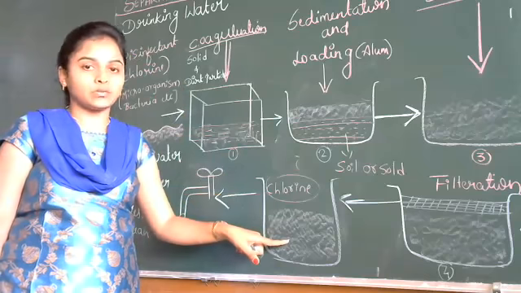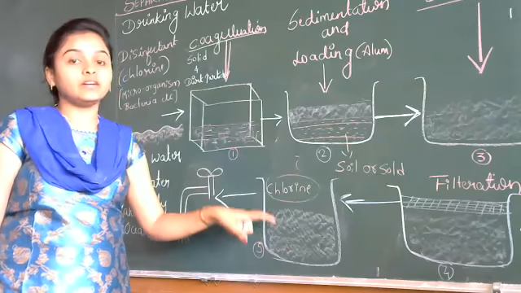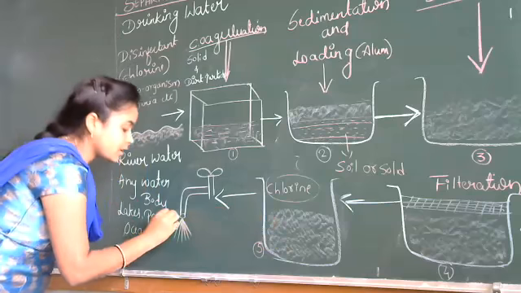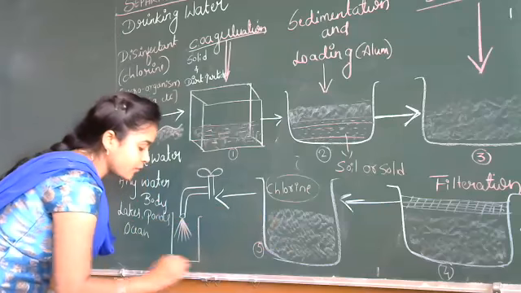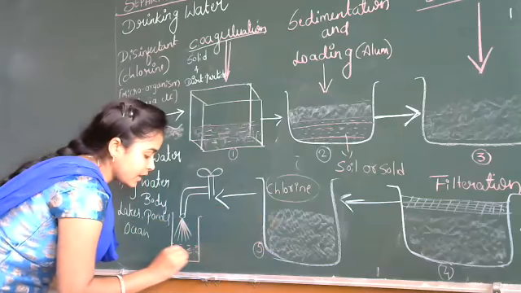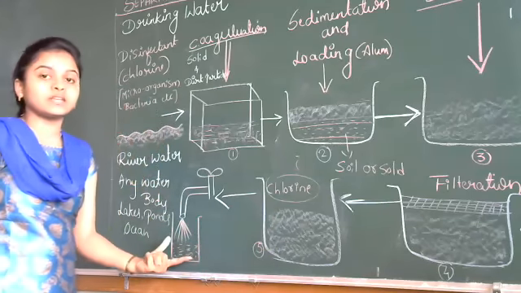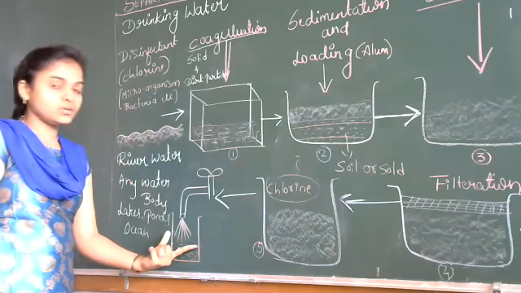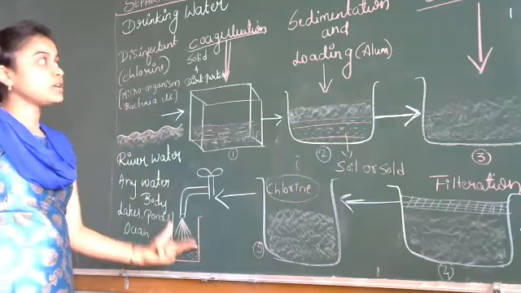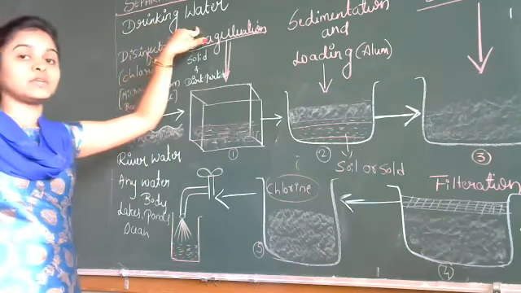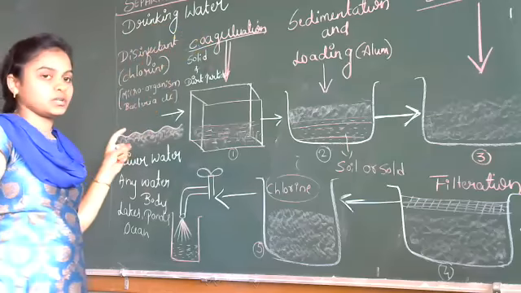Then here we get what? The water which is useful for consumption, right? And then it is supplied to homes, factories or industries for further use. So in this way, drinking water has been obtained from the river water.